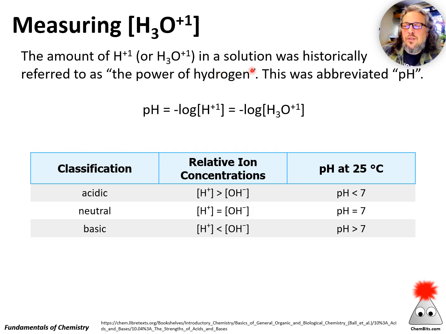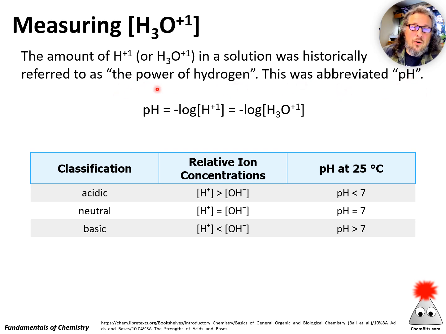Using all of those numbers can be a little ponderous. So historically, there's been this description of the amount of hydrogen, the amount of H plus, as either the power of hydrogen or the potential of hydrogen, depending exactly how you translate the words around, but this was abbreviated as pH.